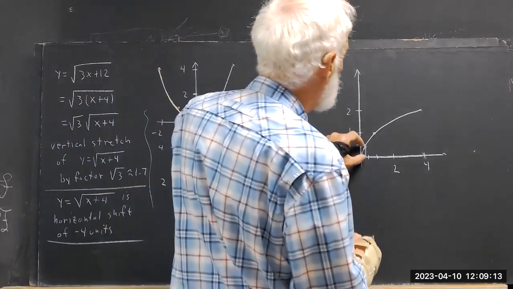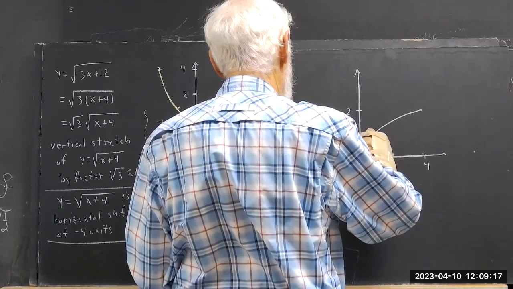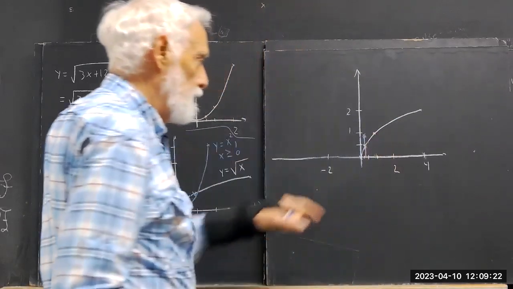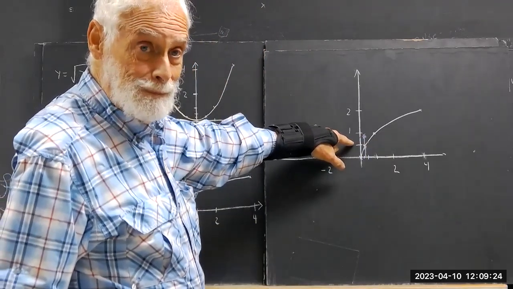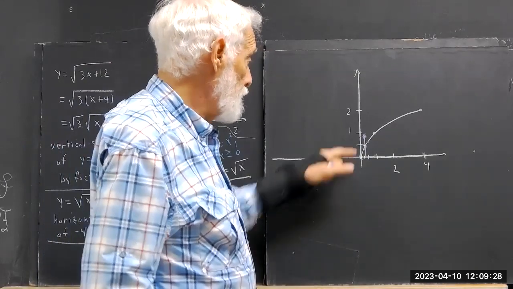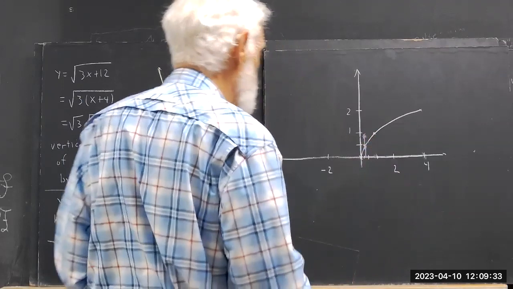So we draw an arrow about 2/3 as long as this one, and we get our new point. Of course, we do that calculation in our head. This point should be at about 1.7, maybe a little high, but it's okay.